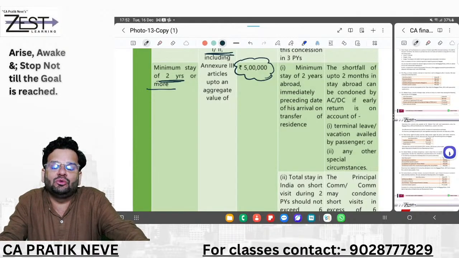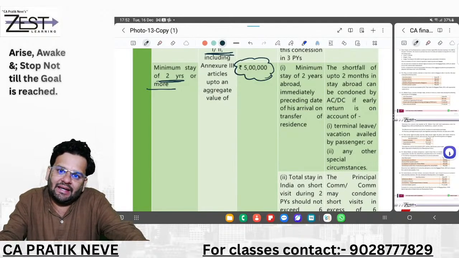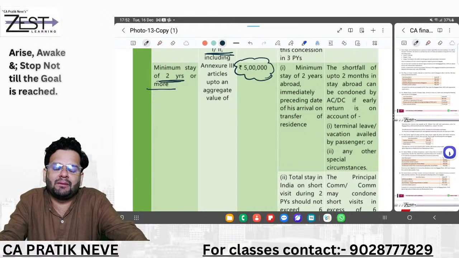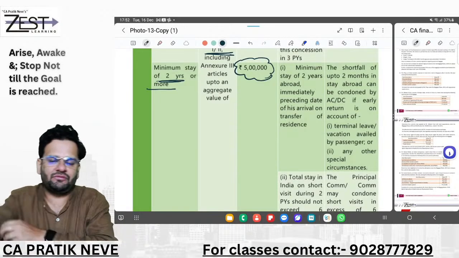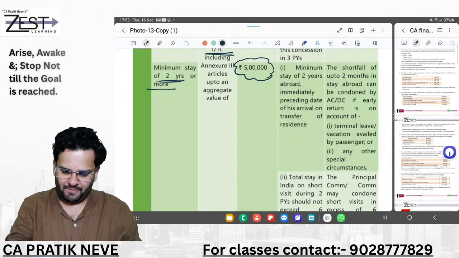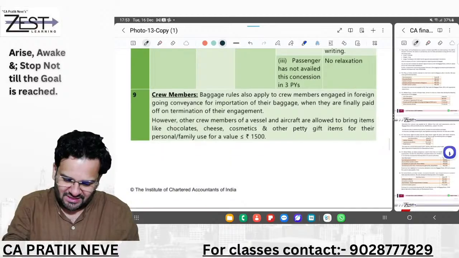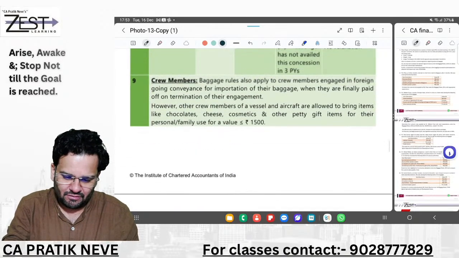No need to pay duty on one laptop. But your age as a passenger should exceed 18 and you should not be a crew member. Then this laptop is allowed duty free in your baggage. Clear? So yes, please keep all these things in mind. Then we will go ahead.